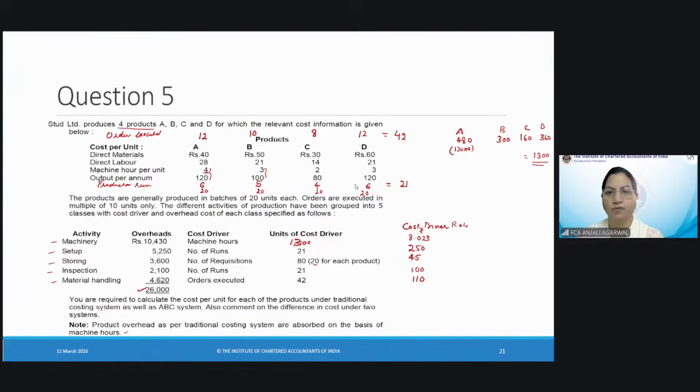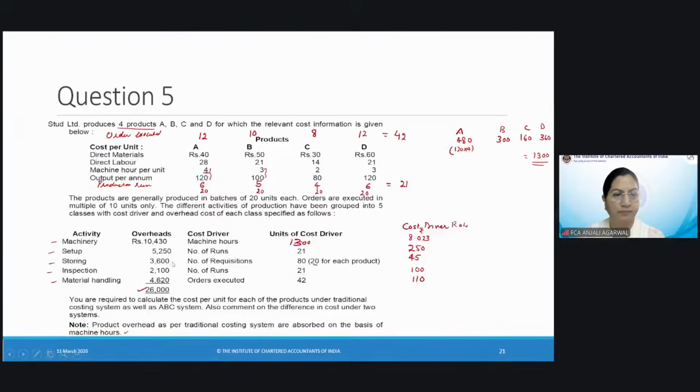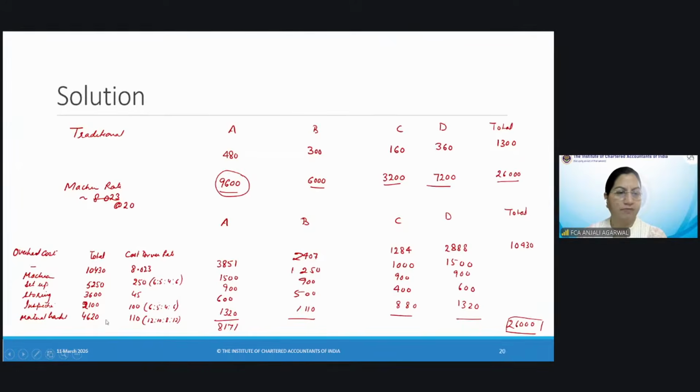So 2100 divided by 21, it was 100 rupees. So 600, 500, 400, 600. It is allocated. This is 2100 actually. I've written it wrong. Inspection cost was 2100. 5250, 3600, 2100, and 460. Right. Thank you for taking note of this.